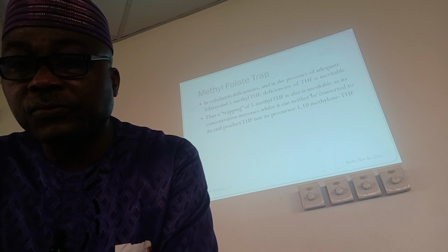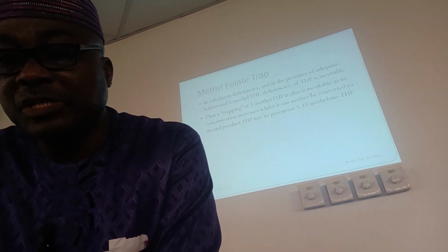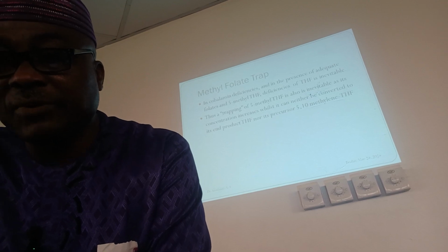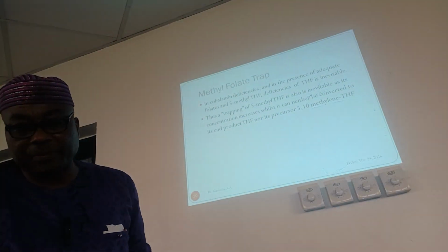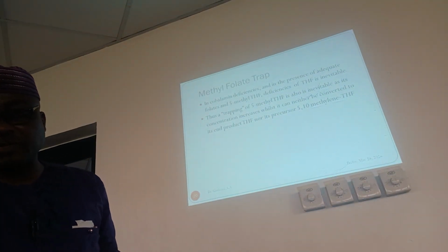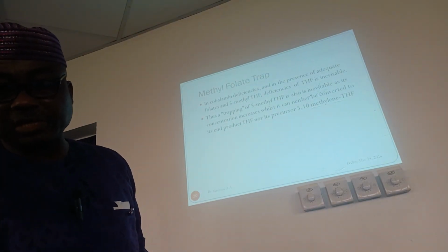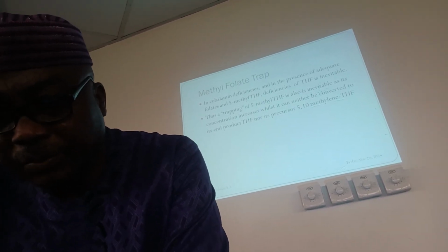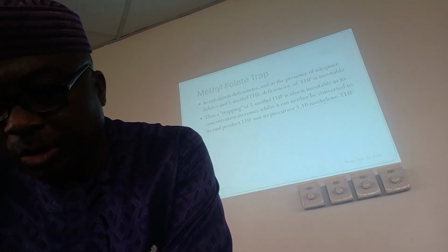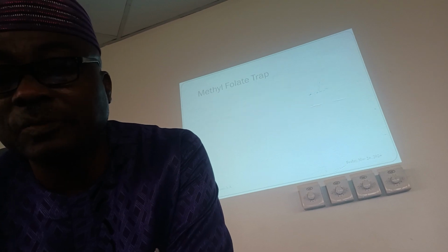So in cobalamin deficiency, in the presence of adequate folate and 5-methyl tetrahydrofolate, deficiency of tetrahydrofolate is inevitable. Thus a trapping of 5-methyl tetrahydrofolate is also inevitable, as its concentration increases, while it can neither be converted to its end product tetrahydrofolate nor its precursor 5-10-methylene.